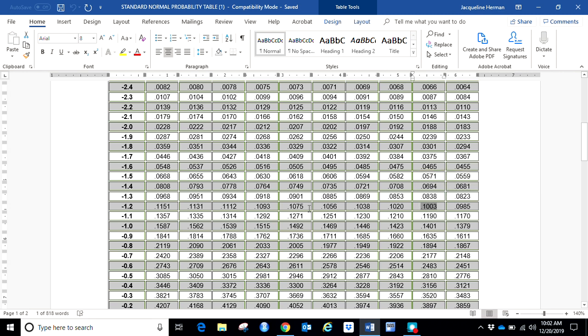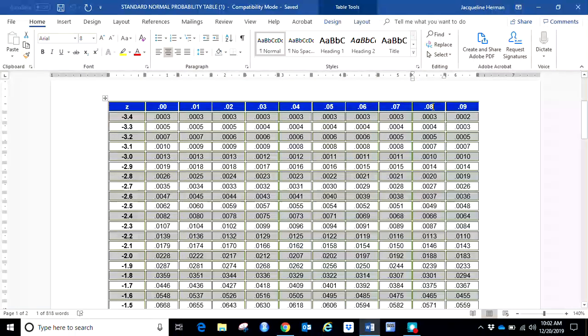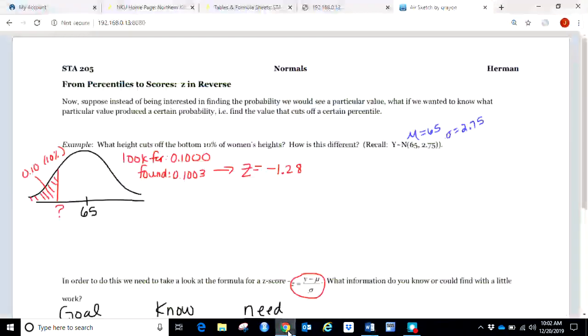I have to work out what row and what column I am in to get my z-score. So that's how we get that negative 1.28, which is negative just like we expected it to be, so that I would be below the mean. Intuitively, if I want the bottom 10% of women's heights, I have to go below the mean by 1.28 standard deviations.